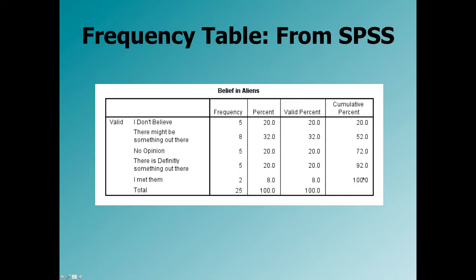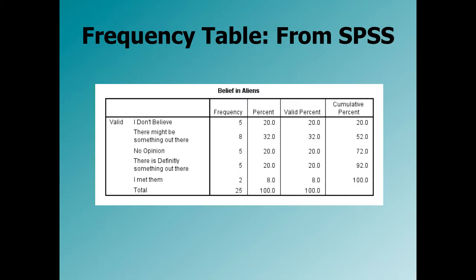Now you're probably thinking, well, what in the world do I need the cumulative percent for? Well, this is a very simple example, but there's a possibility that you have a much more complex table, and usually you tend to put your categories in some kind of an order.